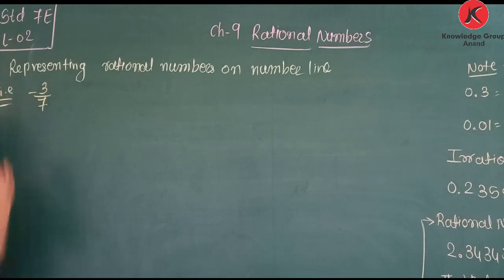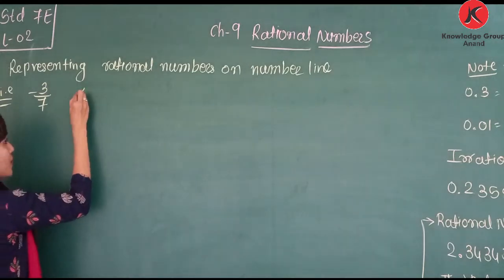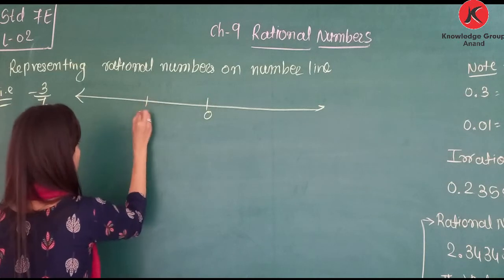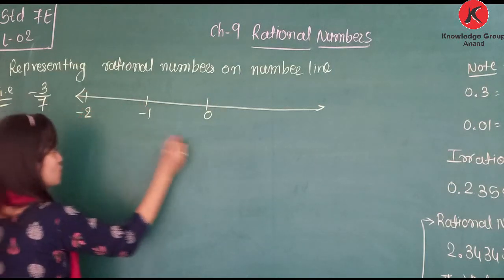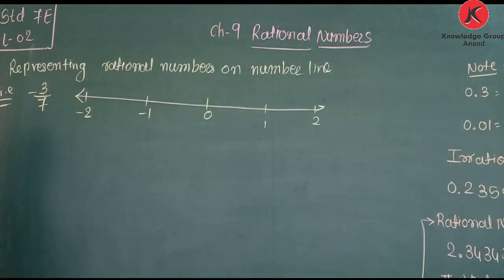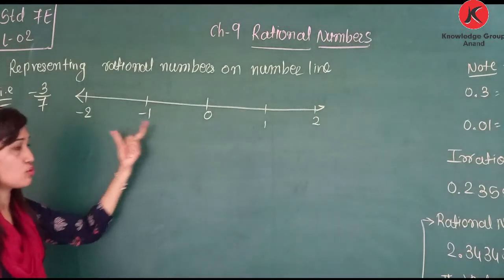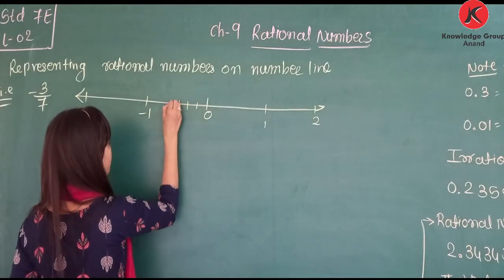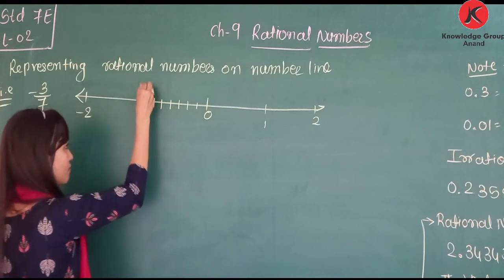So if we have minus 3 by 7, how can we represent it? Draw a number line. In the center we need to represent 0, here minus 1, minus 2, 1, 2. Now this is a negative rational number, so represent it on the left side. Divide each part into 7 equal parts. So let's divide 1, 2, 3, 4, 5, 6 and this is 7.